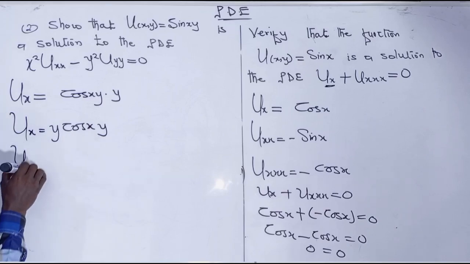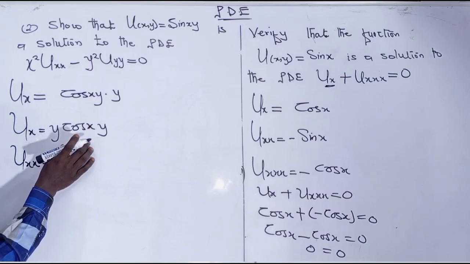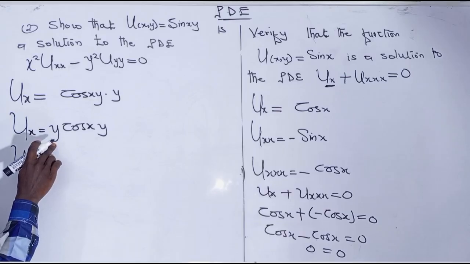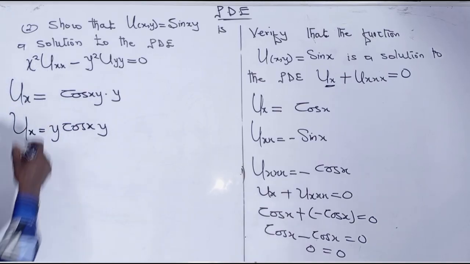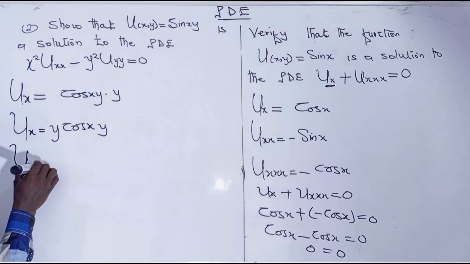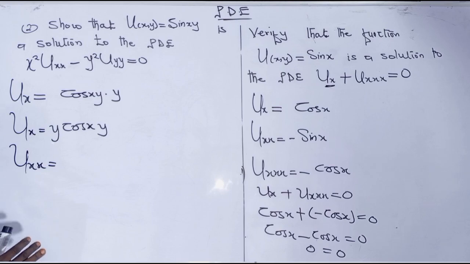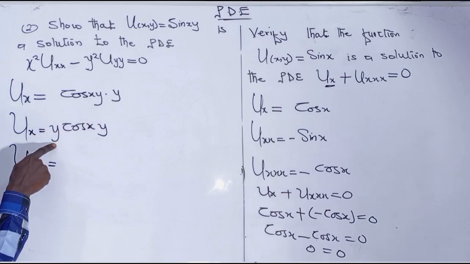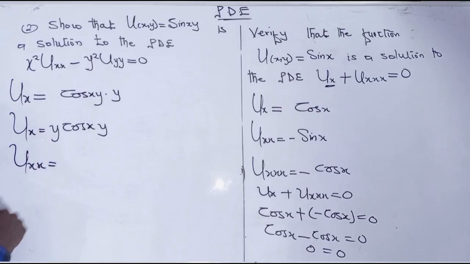Then we take the second partial derivative of the function with respect to x again. We can use the product rule to find this. But since we are taking the partial derivative with respect to x, y becomes a constant.